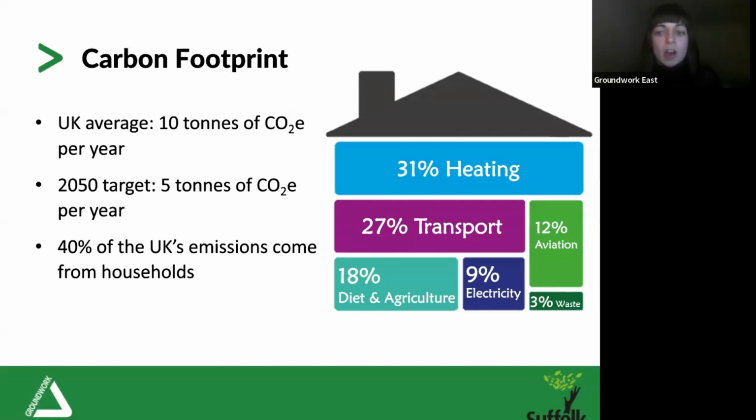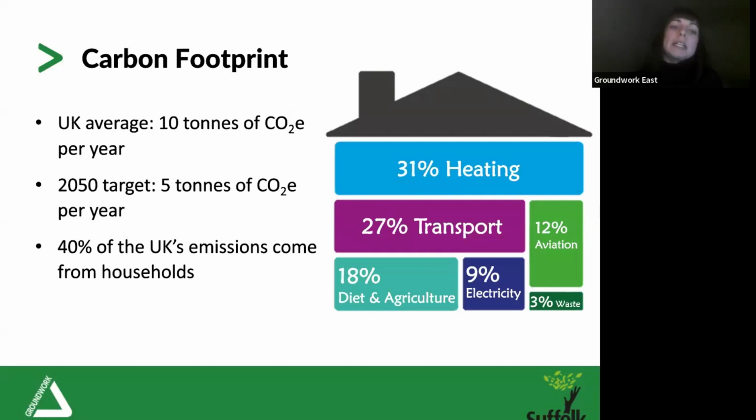So if we think about household based carbon footprints, we can look at some of the figures on the left-hand side. For an average UK house per year, we can expect 10 tonnes of CO2e as their impact.